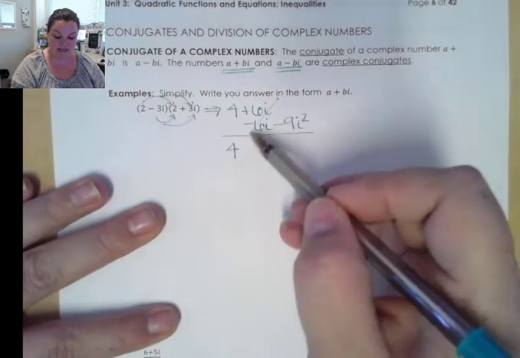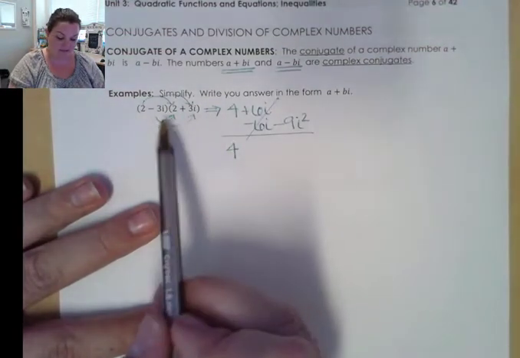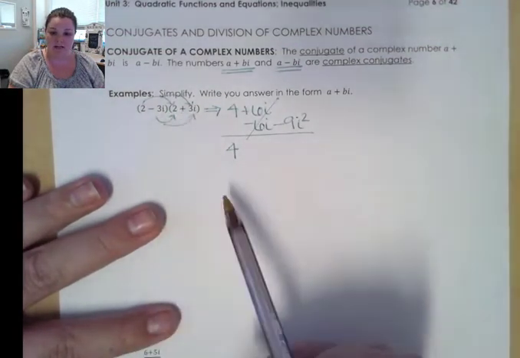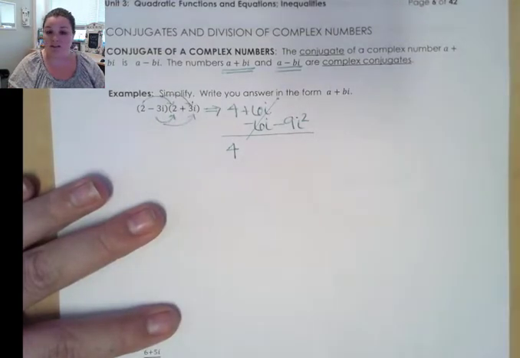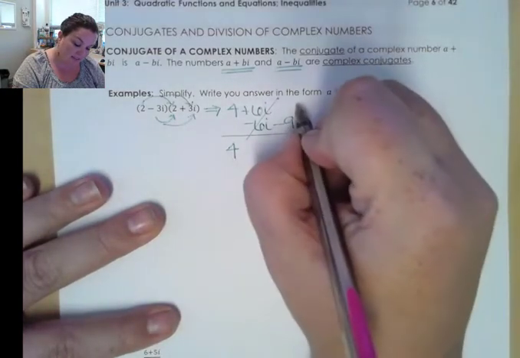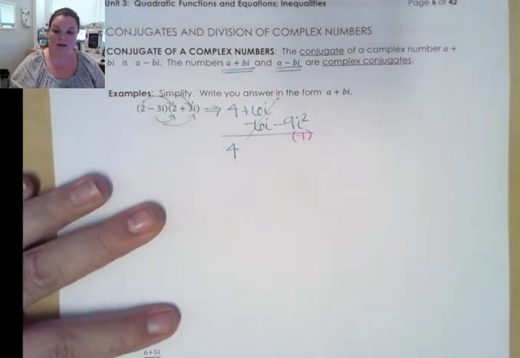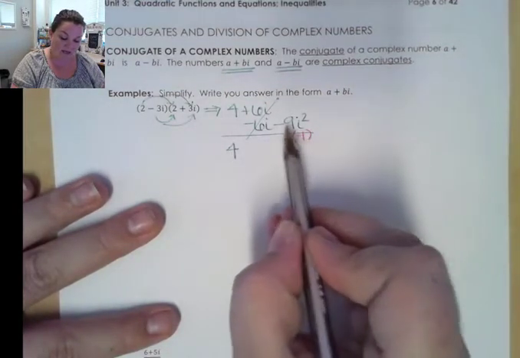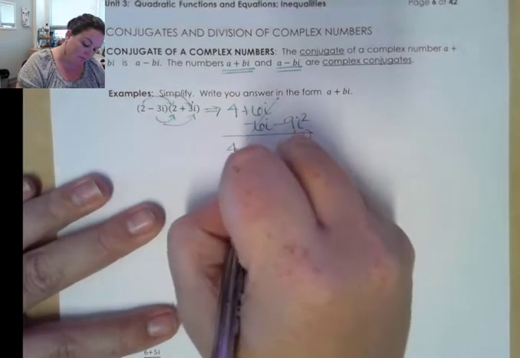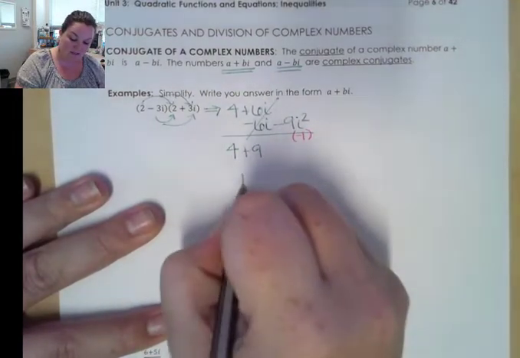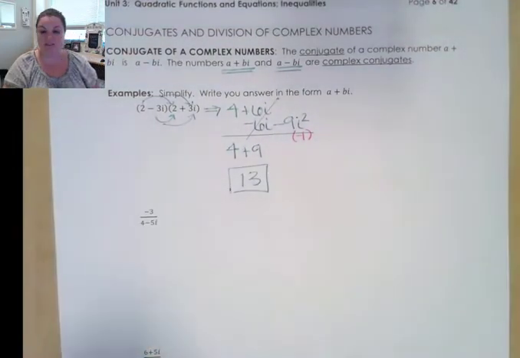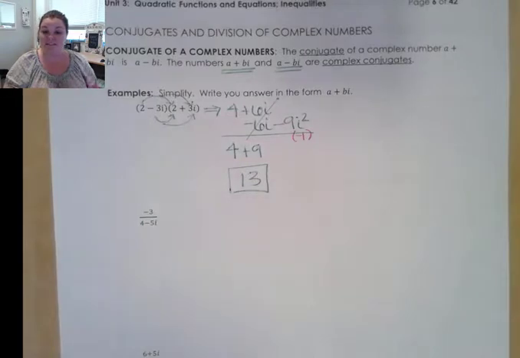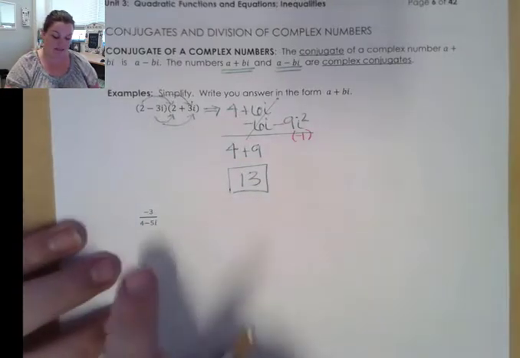These i terms cancel because they're opposites, because of the opposite signs, right? And then here, even though I still have an i squared, remember i squared is -1. So if I do -1 times -9, that gives me a +9, and now this just becomes a nice little 13.